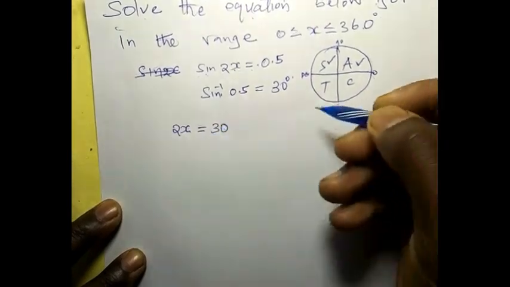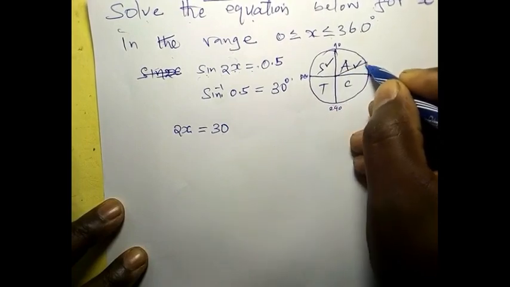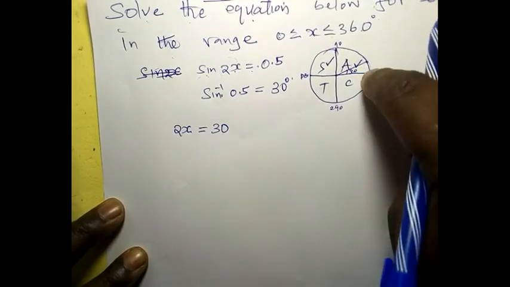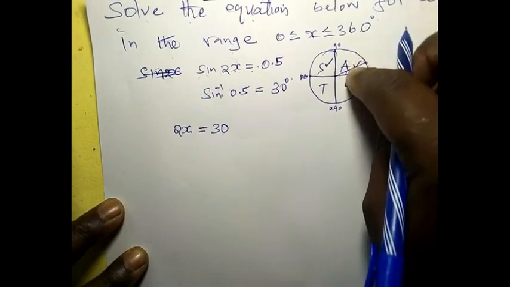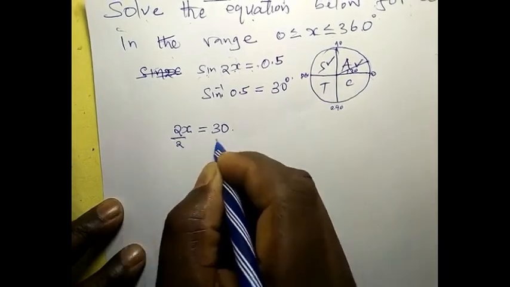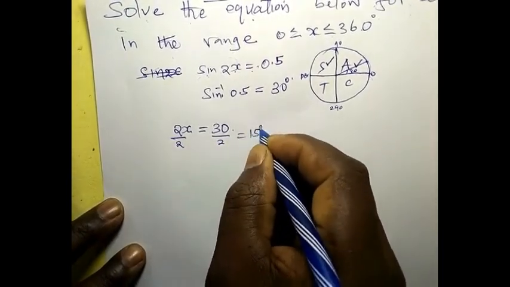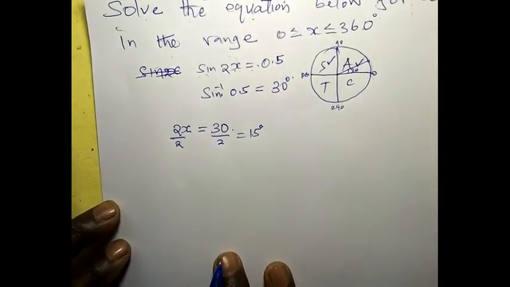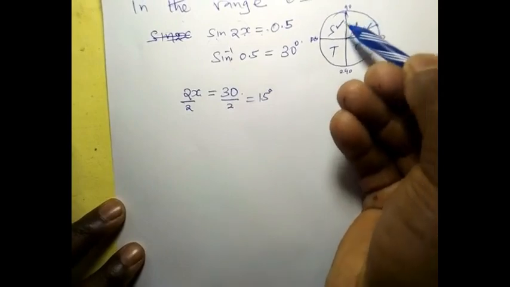So now once we have identified that, we come to the equation that 2x is equal to first that. Why? Because the angle here is the acute angle 30 degrees. So the first angle will be in the first quadrant, which is an acute angle. So 2x equal to this. It means that the value of x we divide by 2, and it will give us 15 degrees. That is the first angle. So the second angle, now we go to the second quadrant.